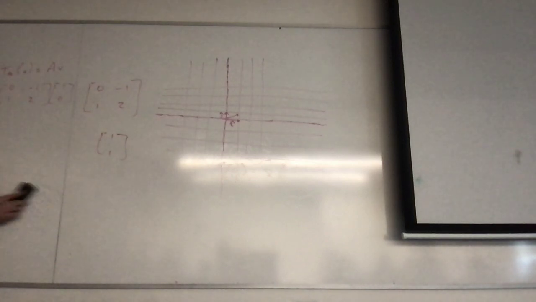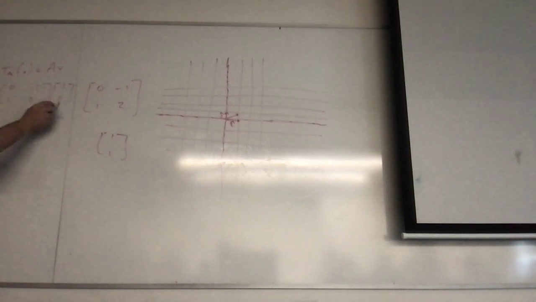Not 1, 0. So if we do 1 times 0 plus 0 times -1, we should get 0. 0. Yeah. And then if we do 1 times 1 plus 2 times 0, we get 1. So T of i hat is 0, 1.